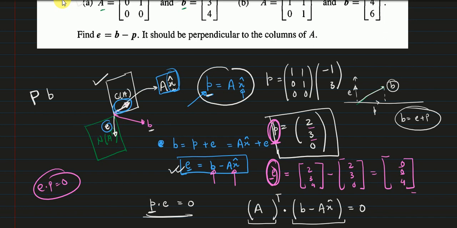What projection matrix will project this b into the column space of A? We have to find this capital P, that is the projection matrix. Once you apply this projection matrix to b, it will simply project b into the column space of A. So how can you find this projection matrix?